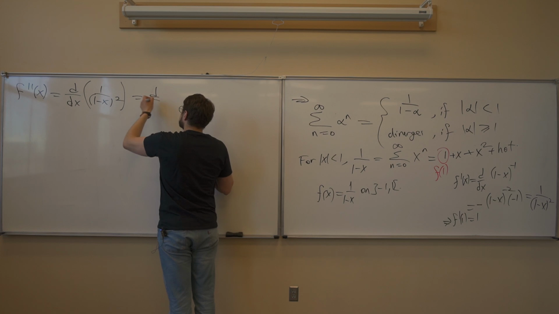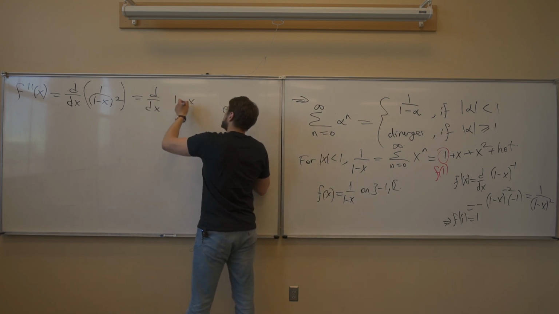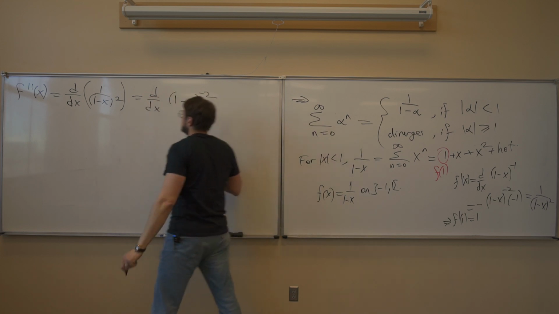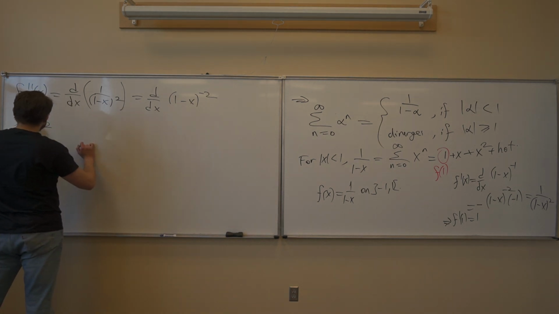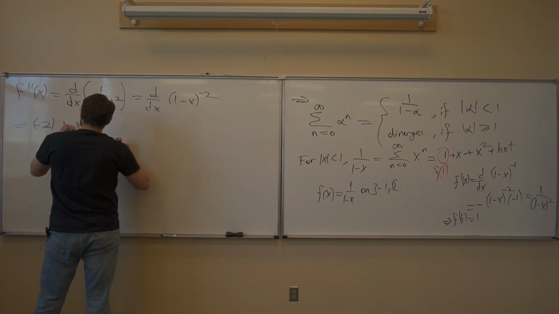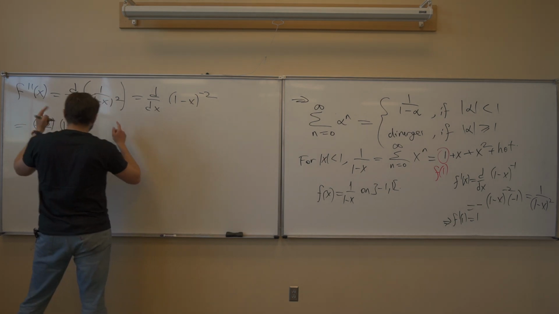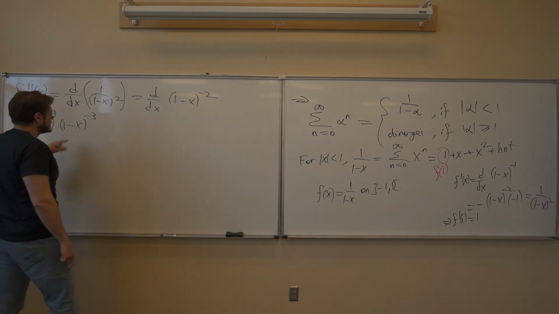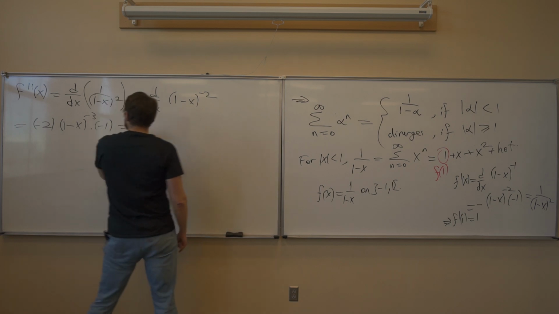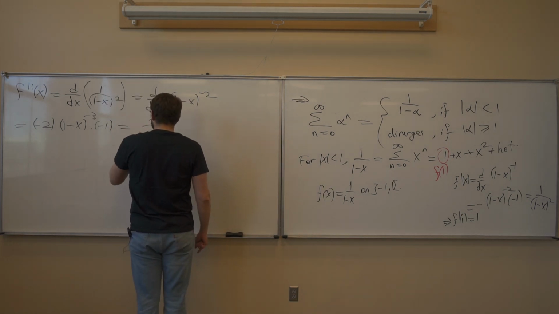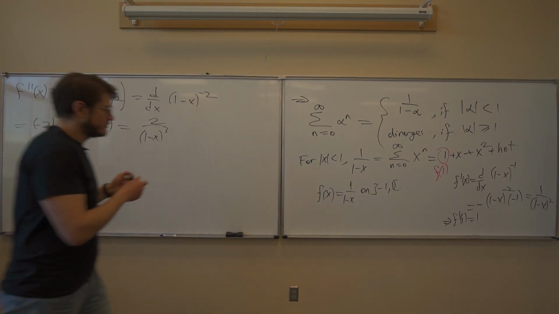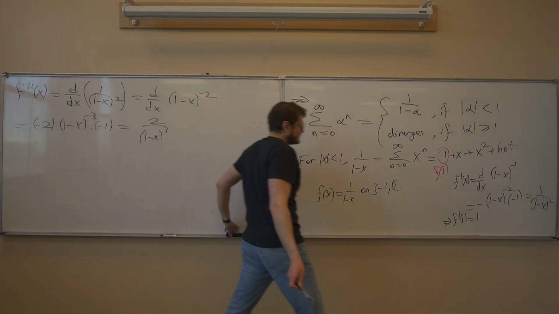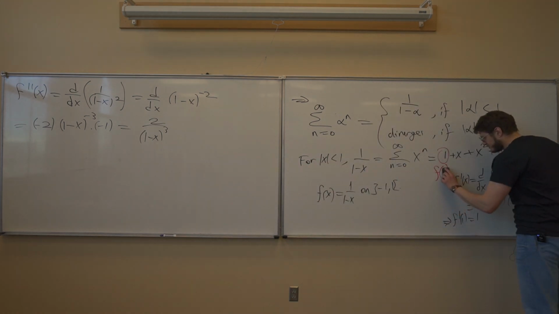This becomes minus 2 times 1 minus x to the minus 3, and then the derivative of the guy inside, which is a minus. So this is just 2 divided by 1 minus x cubed. Oh, sorry. I should be evaluating at 0, of course. At 1, it blows up.